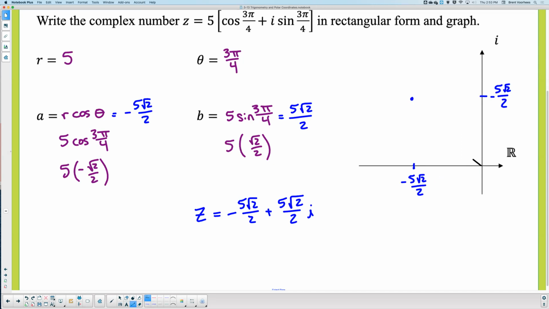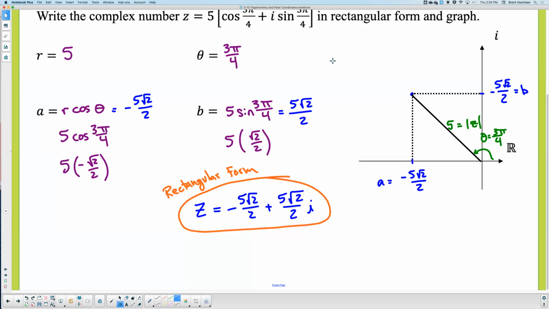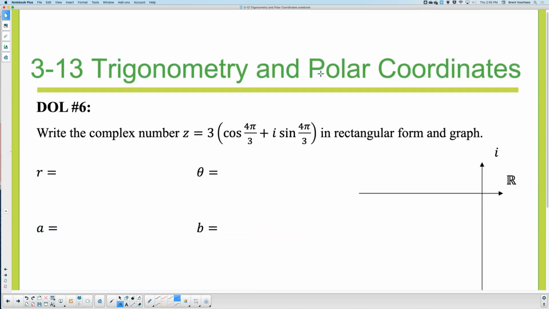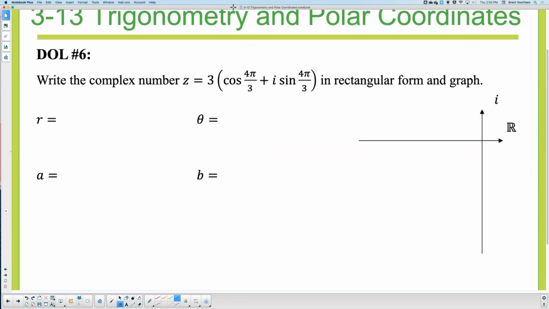And that would be its point right there, like that. All right, now I have this DOL number 6 for you to try.